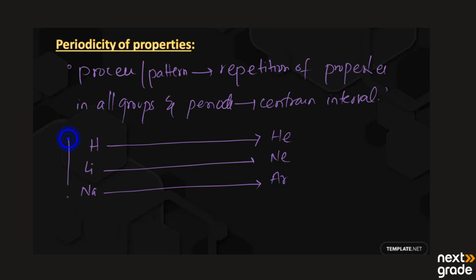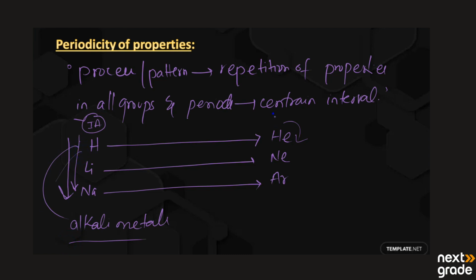When we move from top to bottom, hydrogen is from group 1A. All the elements of group 1A have 1 electron in their valence shell. The elements of the first group are known as alkali metals, so all the elements present in group 1A have almost the same chemical properties.